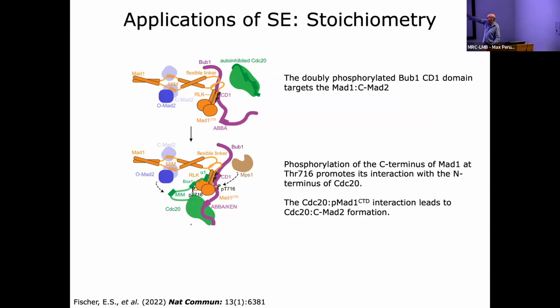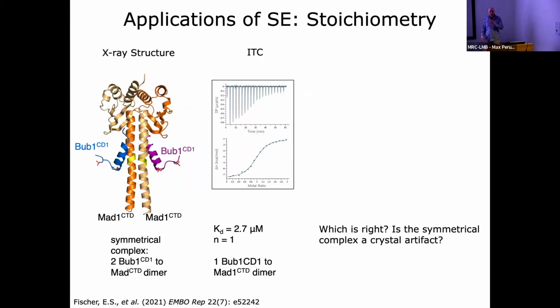There must be interactions between the two proteins with MAD to form this complex, so that you can get the mitotic checkpoint complex assembled. So she solved the structure by crystallography of BUB1 against MAD, the CTD domain. It's obviously a homodimer, and BUB1 here is binding to the coiled-coil.